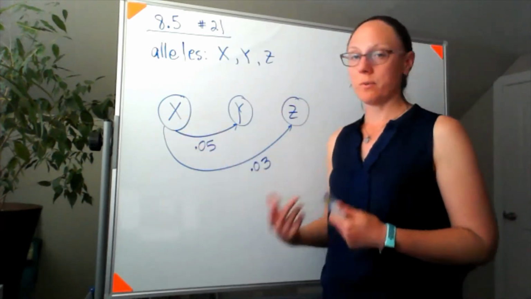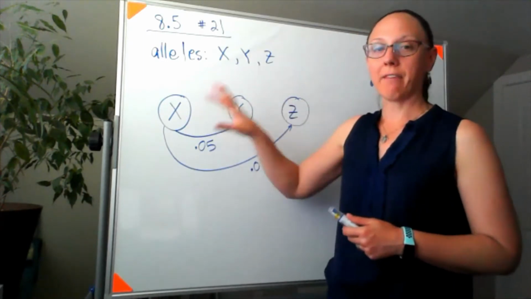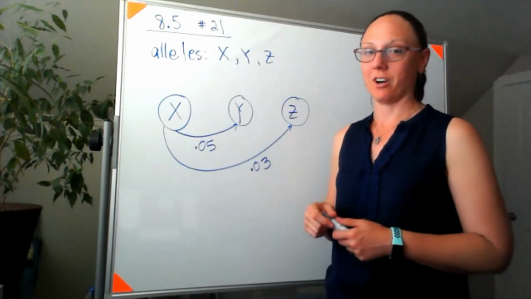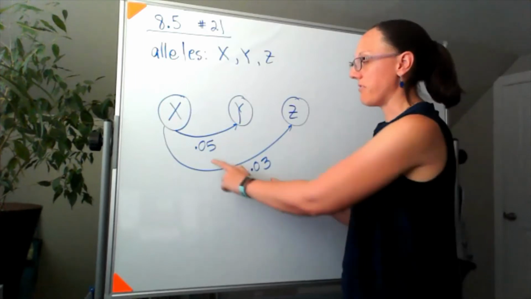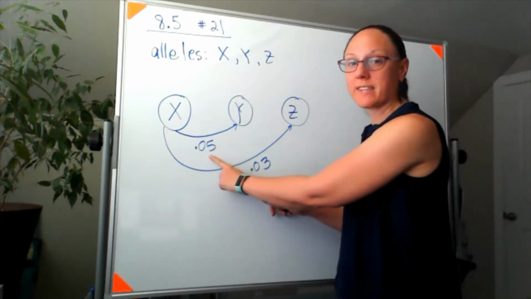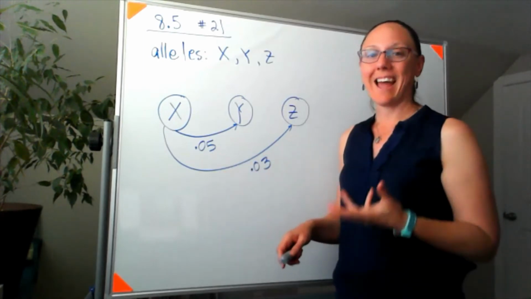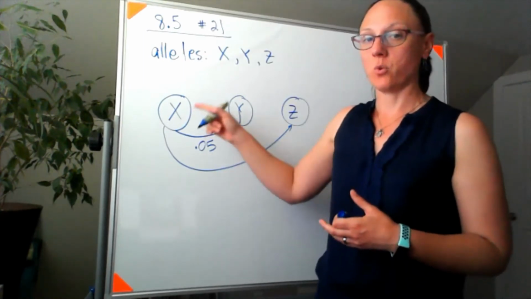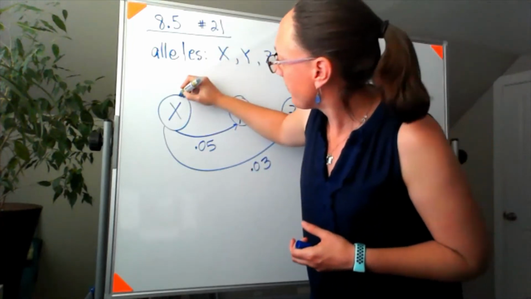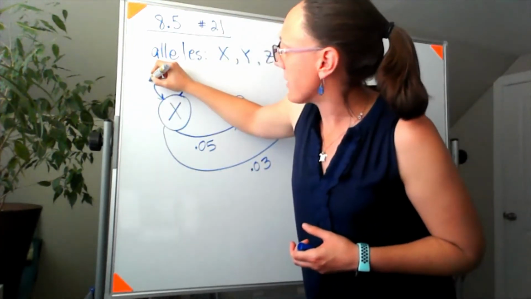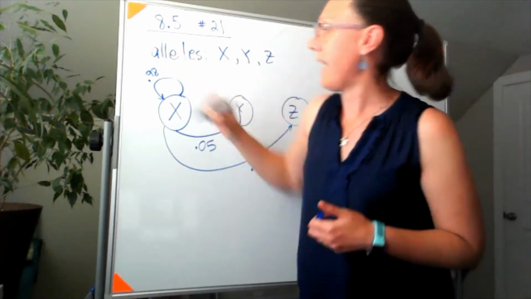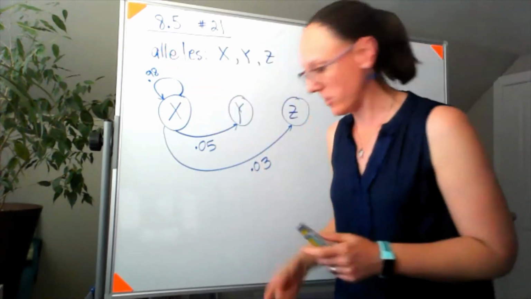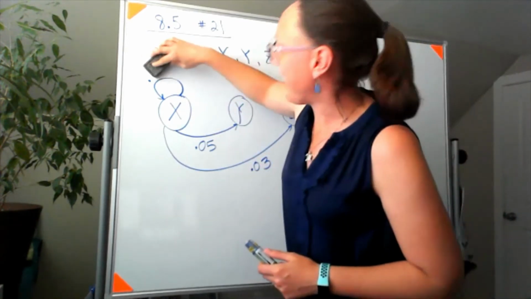So if the rest remain unchanged, we have to represent that still in our picture. So currently, we've taken care of a total of 8% of what's happening with the X alleles. That means there's 92% left that will remain unchanged or start as X and remain as, oops, I wrote 98, I meant 92. Remain as X.